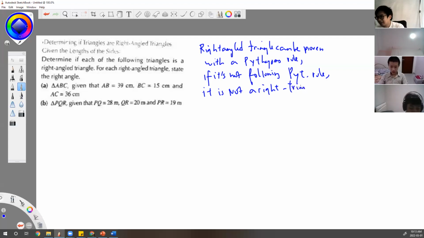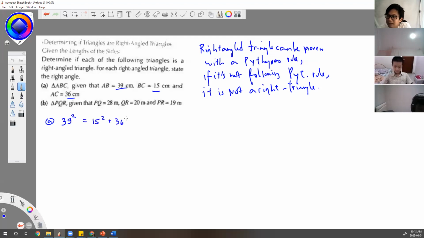Okay, triangle. So you know that the hypotenuse is always the longest side, right? So for question A, where is the longest side? 39, 15, 36. Of course, it's 39. So put it here as a hypotenuse. We assume that this is the hypotenuse. Is 39 square equal to the sum of squares of the others, right? If it is equal, then it is a right angle triangle.